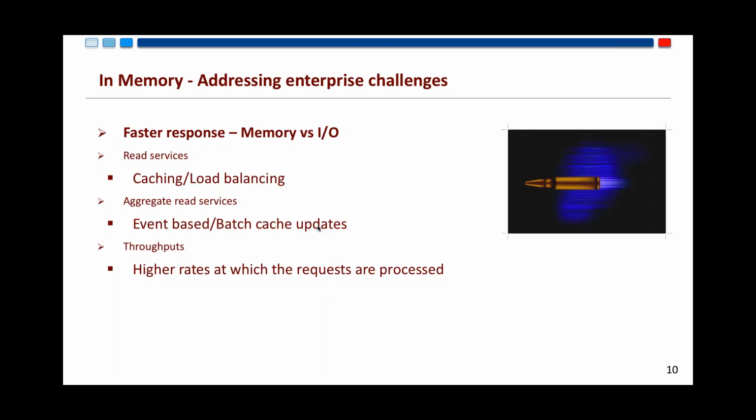We can also avoid repetitive processing of aggregated services by caching those services and building a mechanism to update those caches when the corresponding data changes in the backend. These in-memory solutions make enterprise services yield high throughputs by making each individual request faster, possibly 1,000 times, when compared to I/O or file system access.